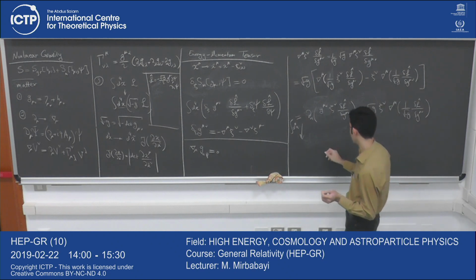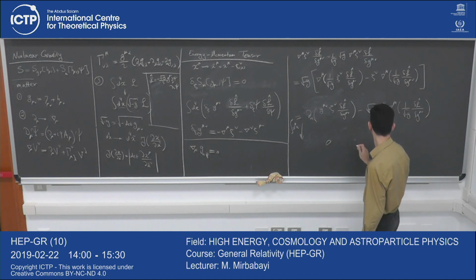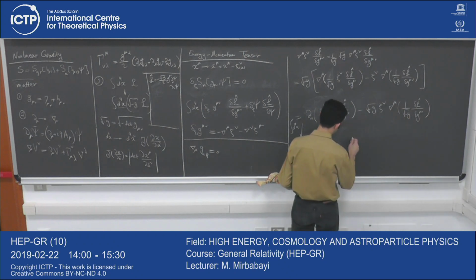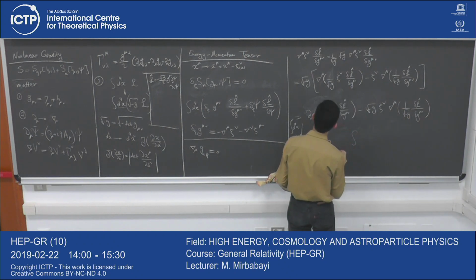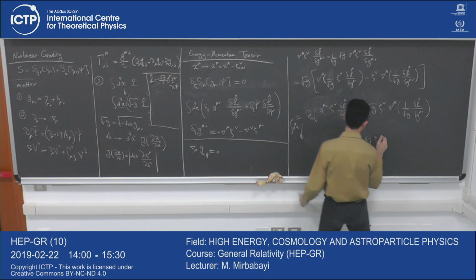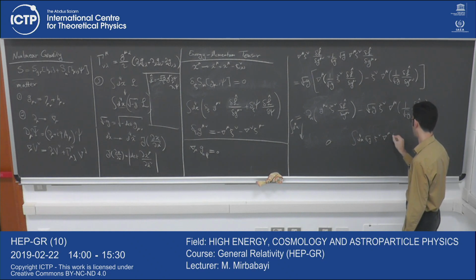So this first term gives 0, and then we end up with minus, or let me take the minus sign inside, so we end up with the integral d4x square root of g xi mu nabla mu of minus 1 over square root of minus g delta L hat delta g mu nu.